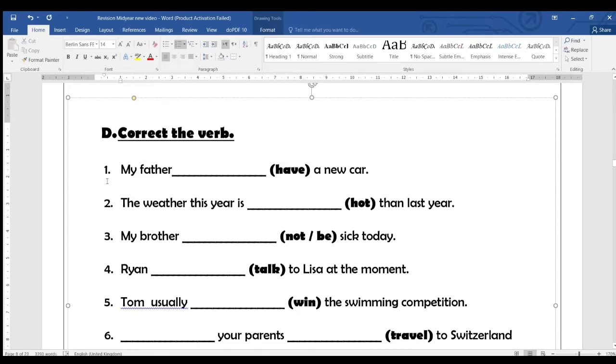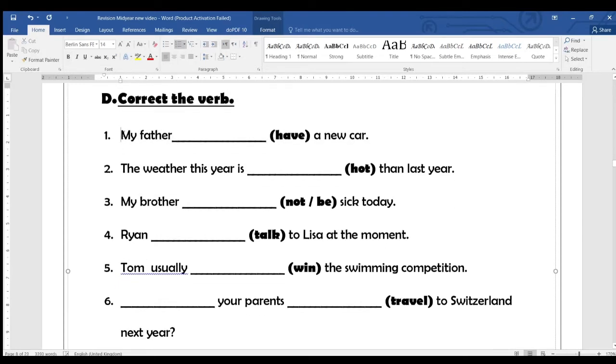Okay? So number 1, my father have a new car. What tense is this? What tense do I need to use? Present simple or present continuous? Of course, I'm going to use the present simple, because here have is going to be a state verb, because I'm talking about what my father owns, belonging, right?